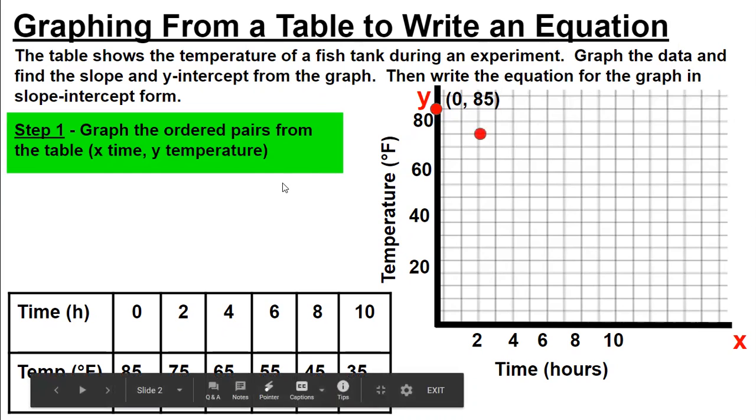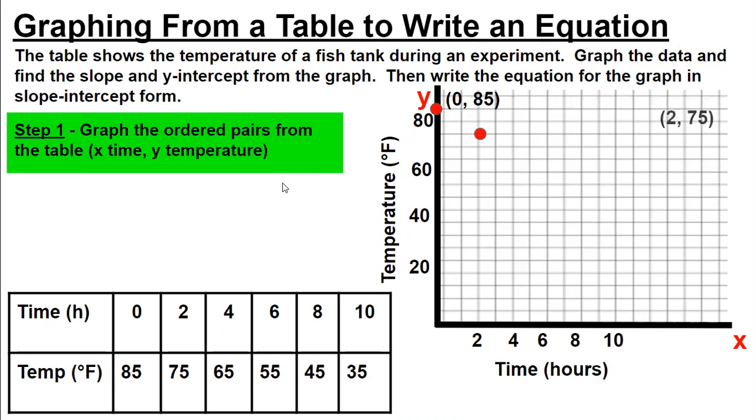Our next point is (2, 75). Then we have (4, 65). And remember that the x value always comes first, and then we rise the number or we go down the number, depending on if it's positive or negative, for the y value. Then we have (6, 55). And then we have (8, 45). And finally, we have (10, 35).